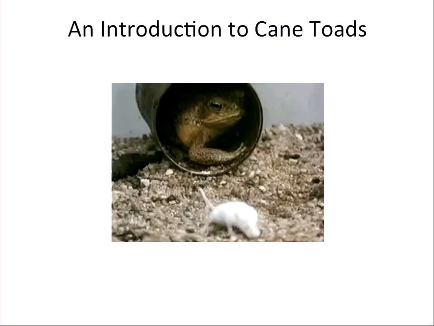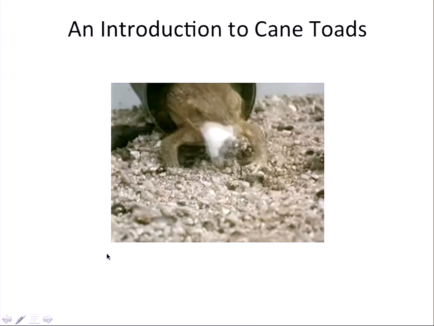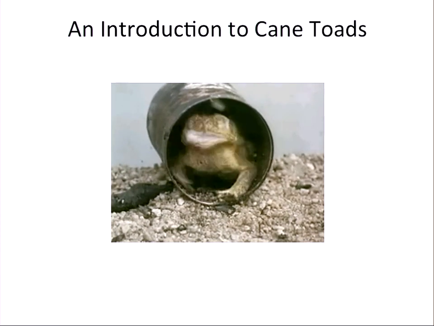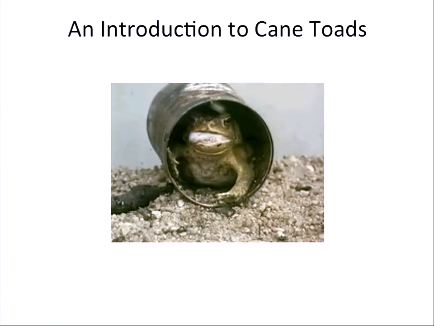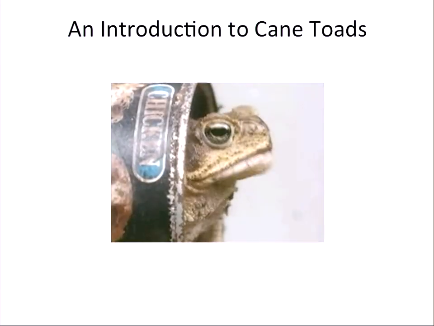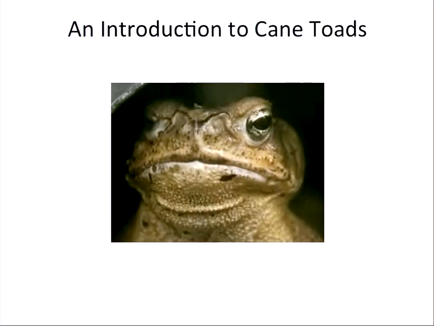And I'll go ahead and warn you, if you're a little bit squeamish, you should look away for about 20 seconds. I'm going to introduce you to cane toads, which are pretty nasty little creatures. So maybe this is a little bit excessive, but it demonstrates to you some of the impacts that cane toads have, and namely that they eat everything that can fit into their mouths.